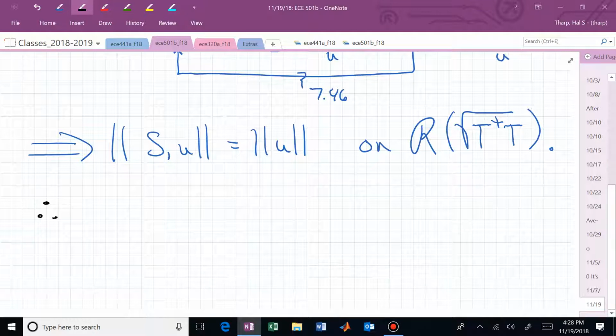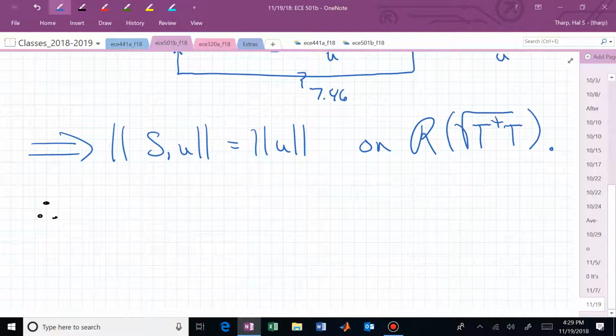That means you could have a non-trivial u that would give you the zero vector when mapped through S1. So S1u could be the zero vector. But we just said u was not the zero vector. But now we have the zero vector's norm equal to the norm of something that's non-zero. So that can't happen if this is true. What that says is that this map, S1, is injective. It has a trivial null space on u belonging to the range of the positive square root of T dagger T.